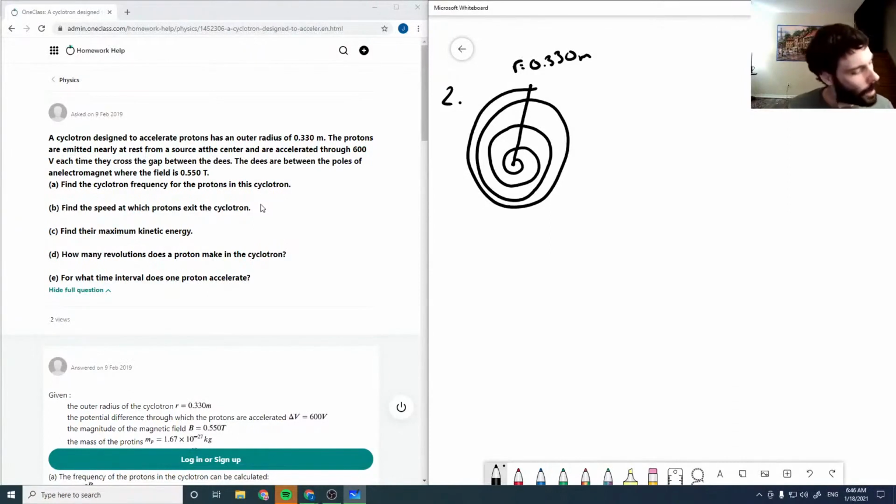And each revolution, so each period, is a delta V of 600 volts. Or maybe I'll write this. Each delta T goes through delta V of 600 volts.